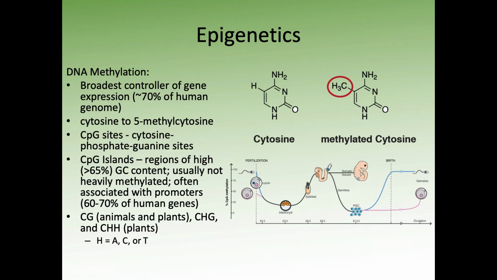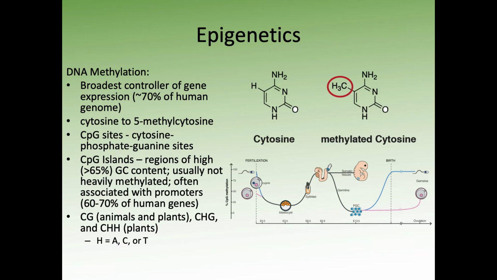These CpG islands are ripe areas that we think can be associated with promoter regions and regions of variable methylation status. There are actually different types of these CpG islands or regions that we think are important methylation sites.